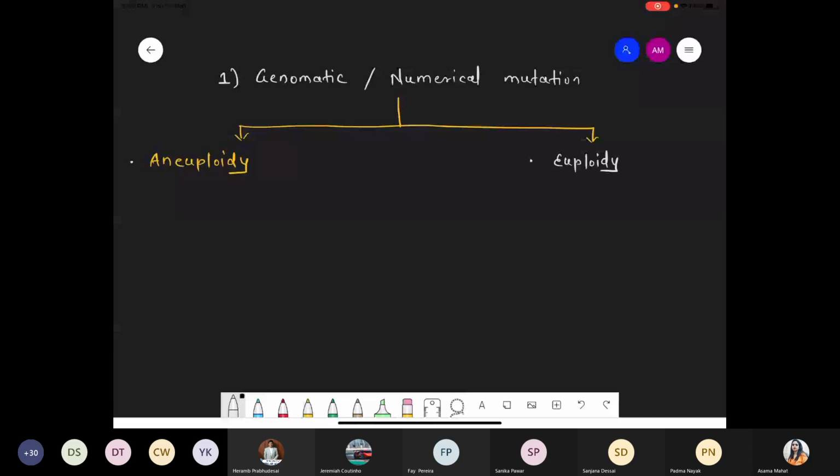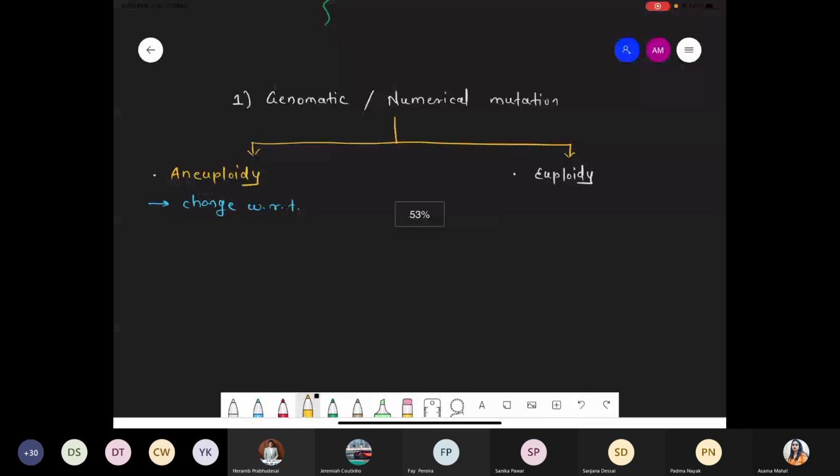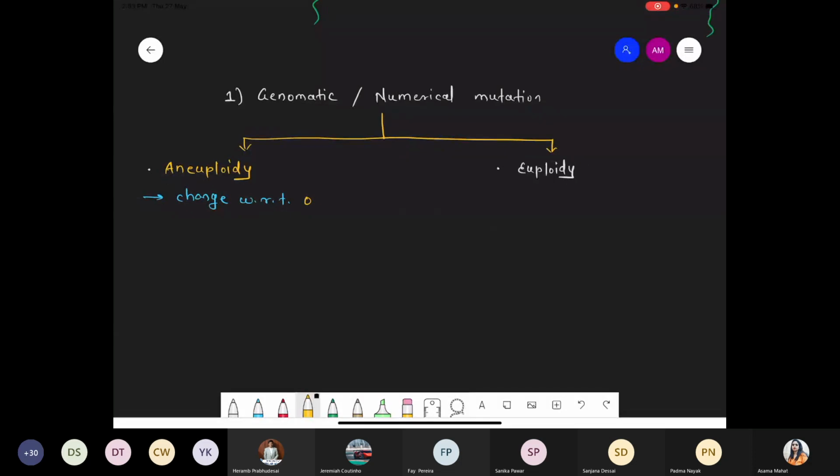Aneuploidy is simply a change with respect to one or a few chromosomes. Such a condition is called aneuploidy.